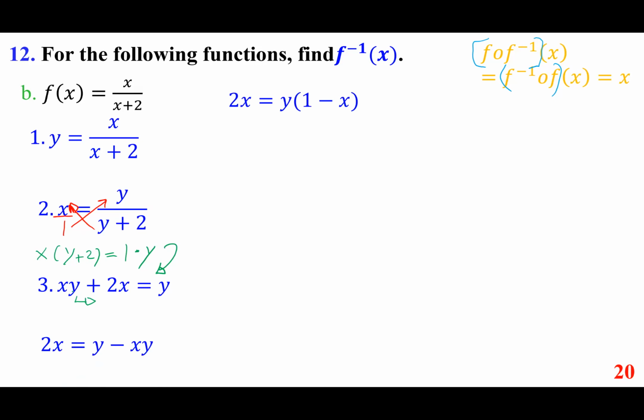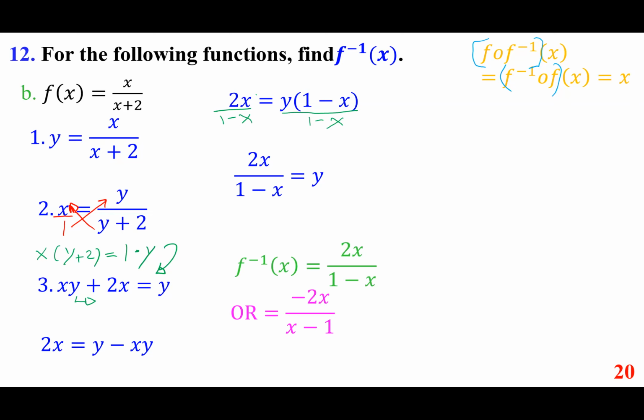Since I'm solving for y, I will divide both sides by the parentheses 1 minus x. And now I give it a name, f inverse. Instead of y, I'm going to call it f inverse.